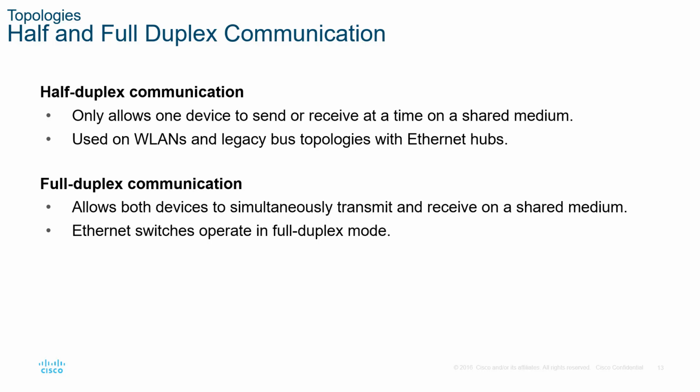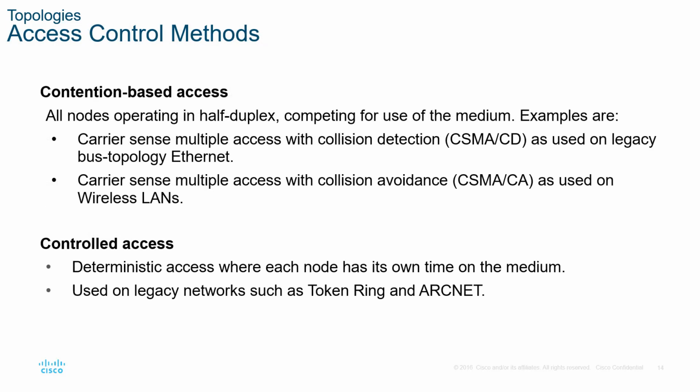So now that we talked about physical topologies, and how things communicate, what happens when we want to send messages at the same time? What controls that? Those are called access control methods, and that is one of two ways.